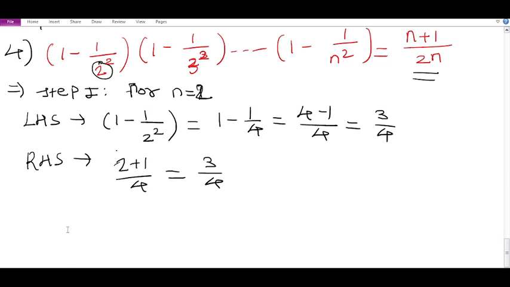Now step number 2: assume the result is true for n equal to k.